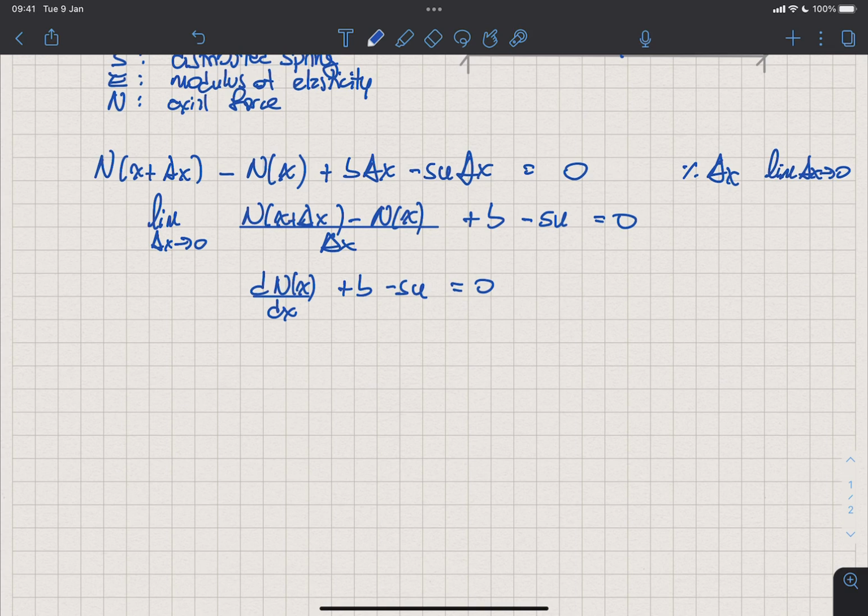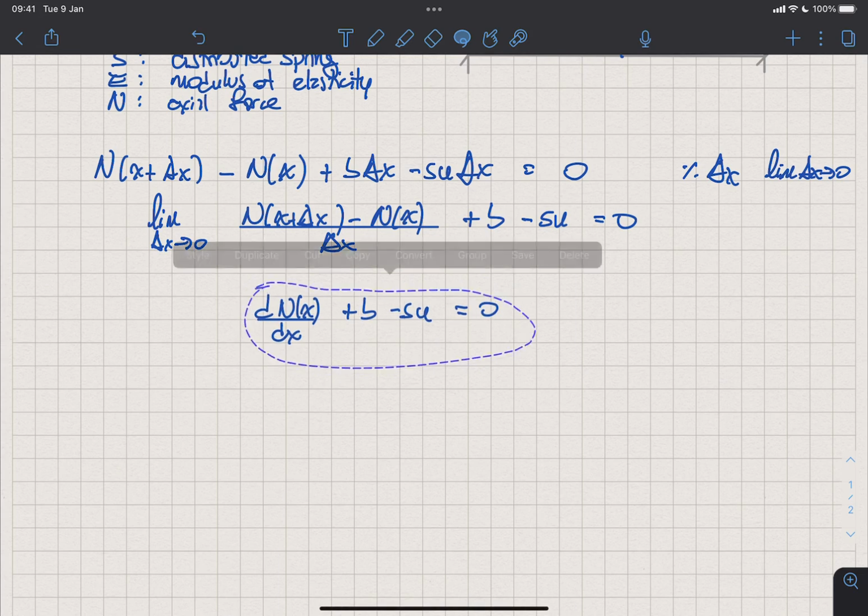And that is our differential equation. I'm actually going to move it here.